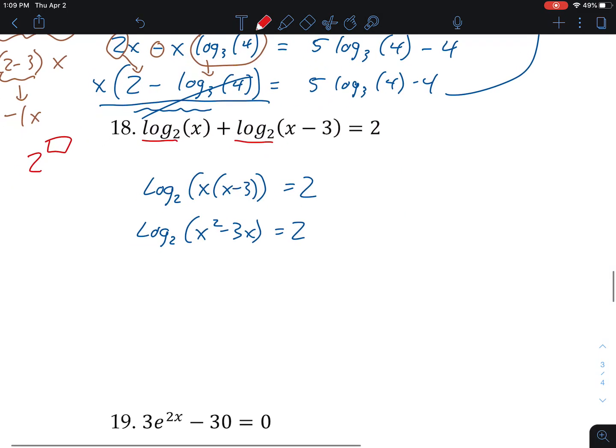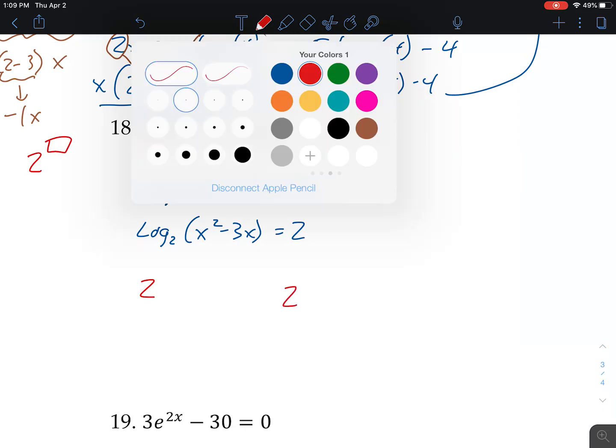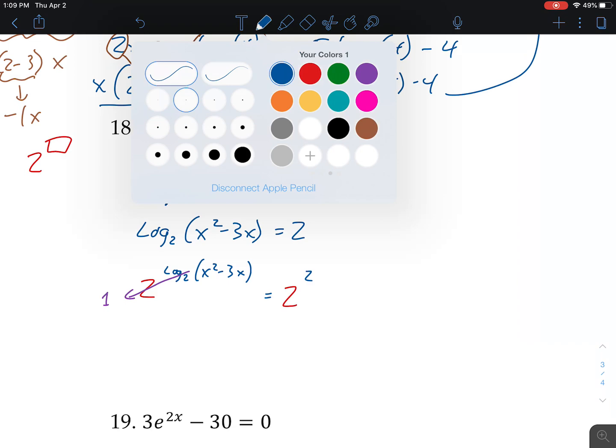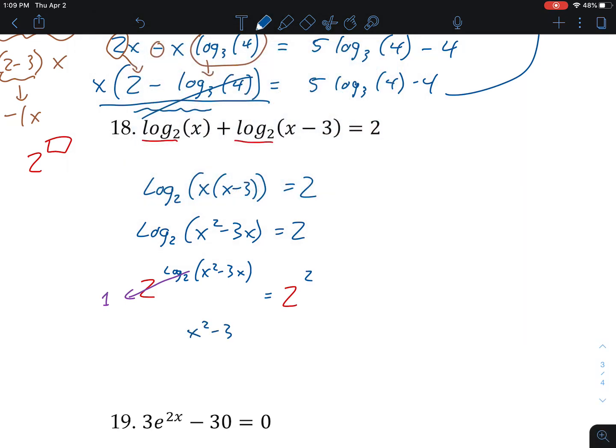Okay, now to undo a log base 2, we want to raise everything to the 2. Okay, 2 to the log base 2 of x squared minus 3x. Okay, and now these cancel out just as we saw up above to a 1. And I'm left with x squared minus 3x equals 4.